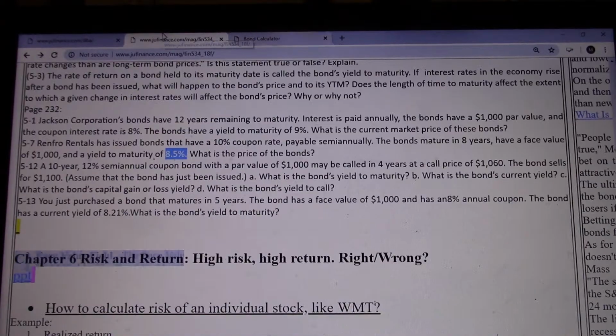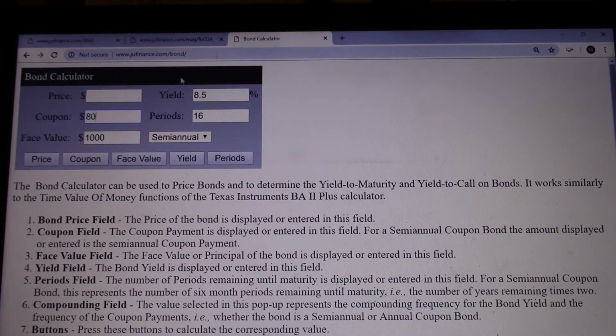Coupon should be half of $100, so it should be 50 here. So if you use this calculator and you point it to semi-annual, coupon has to be halved and period has to be doubled. The yield, don't change it. Okay, and then click on price.